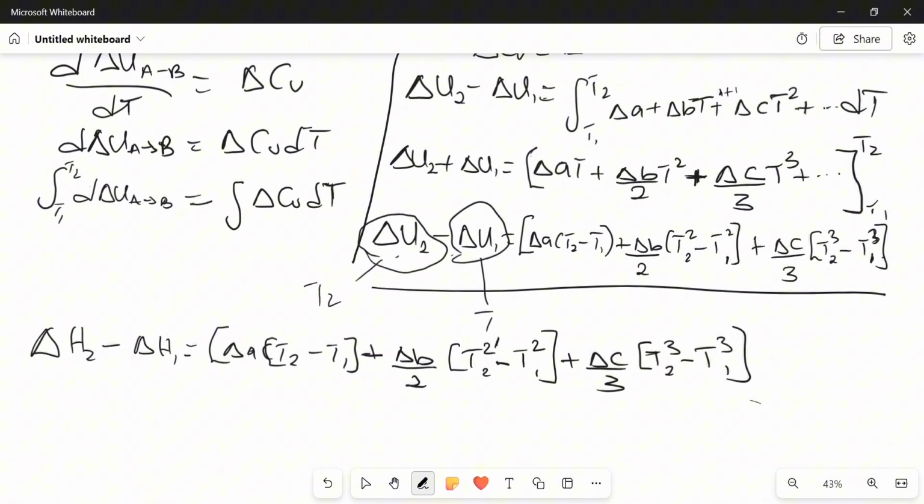Nice. So we can actually use this particular formula to also get the enthalpy at different temperatures.